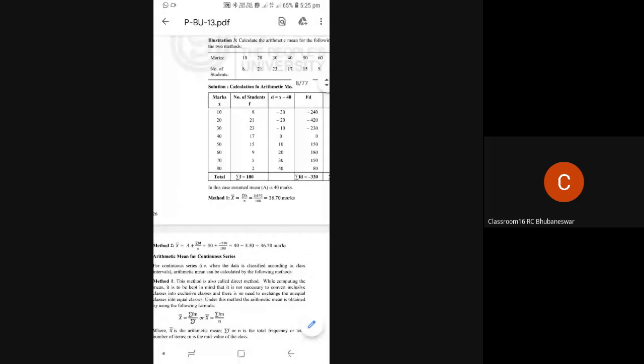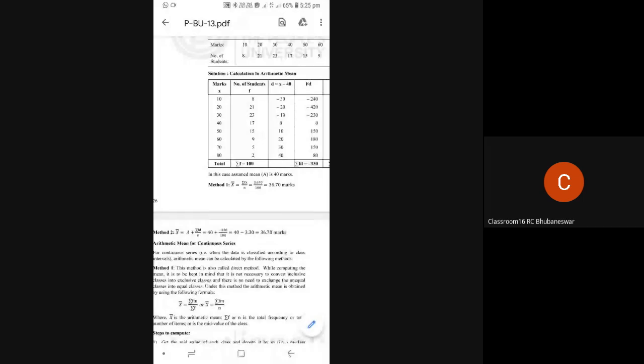Okay, that will be easier to calculate. So every variable is reduced: 10 minus 40 is minus 30. Similarly, 20 minus 40, 30 minus 40, it goes on. And this is the result: minus 30, minus 20, minus 10, 0, 10, 20, 30.